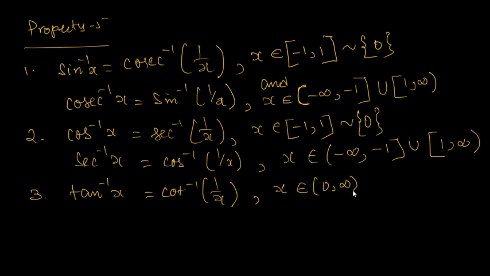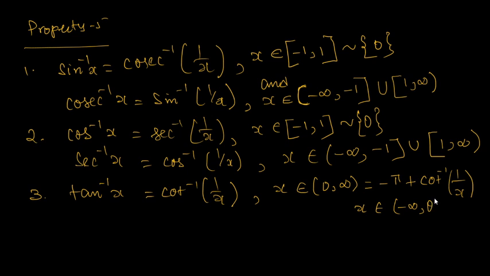Okay, so between the open interval of 0 and infinity, that is equal to minus pi plus cot inverse of 1 by x also, where x belongs to the open interval minus infinity comma 0.